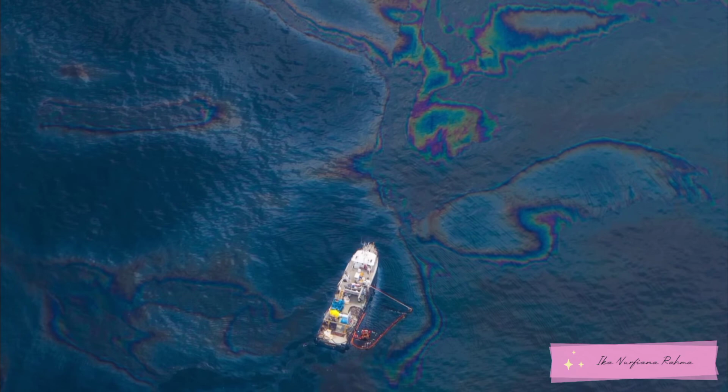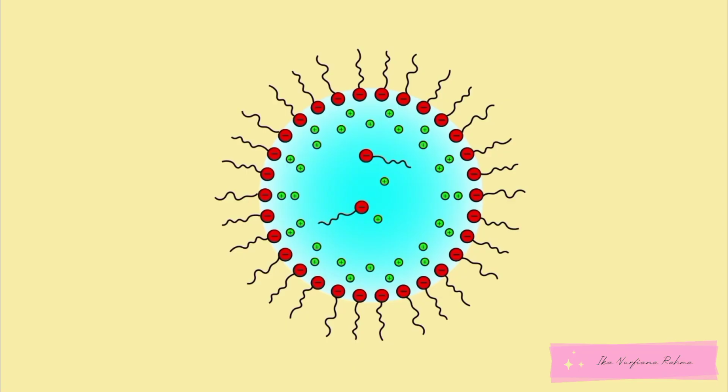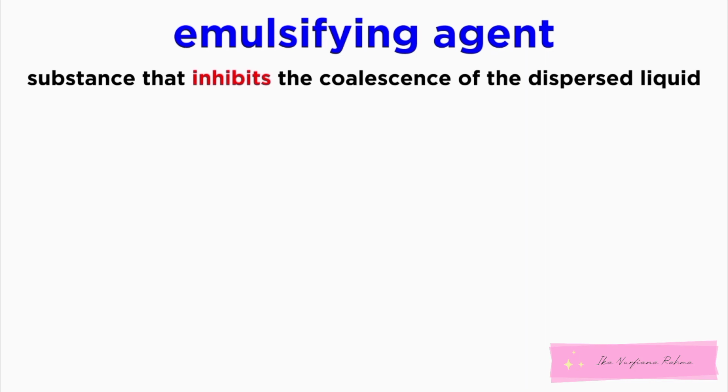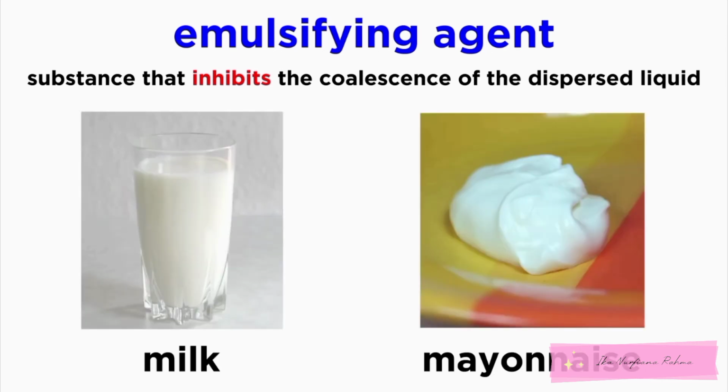The action from waves causes an emulsion to form. But sometimes the emulsion will separate from the other liquid. To combat this tendency, an emulsifying agent can be used. This is a substance that inhibits the coalescence of the dispersed colloid liquid.